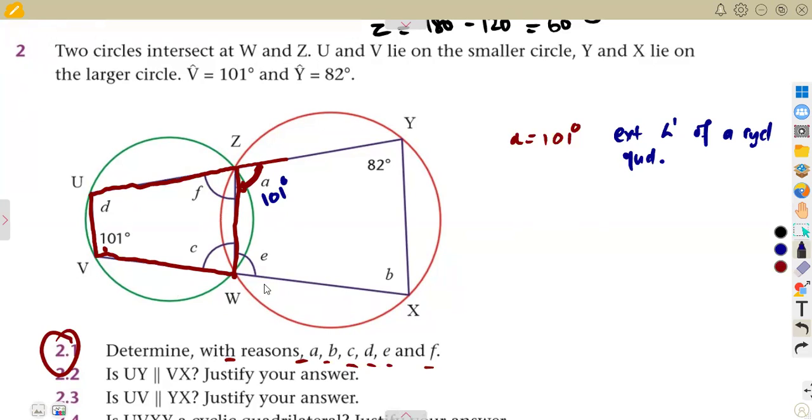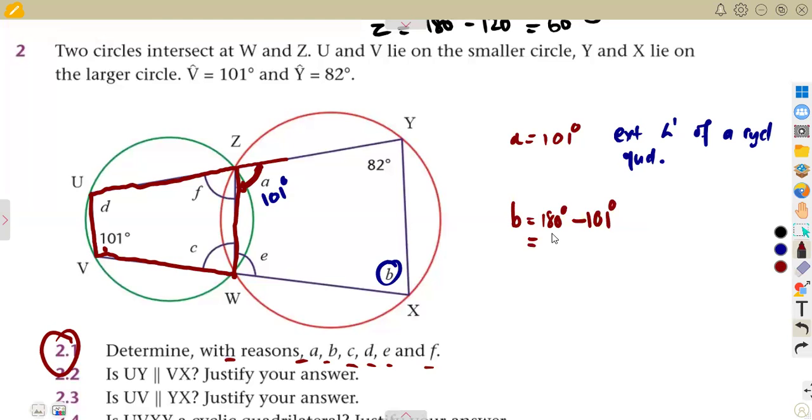Then we can also calculate our B. Remember, this is also a cyclic quadrilateral on this side. All the four points are on the circumference of the bigger circle. So B and 101 are opposite angles, just like what we did in the previous case. So B is equal to 180 degrees minus 101 degrees.